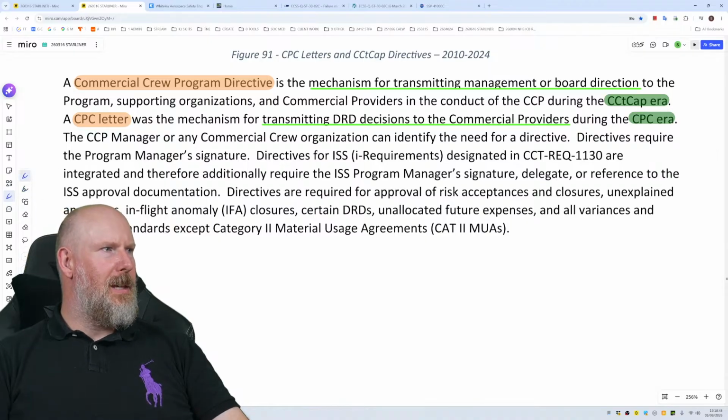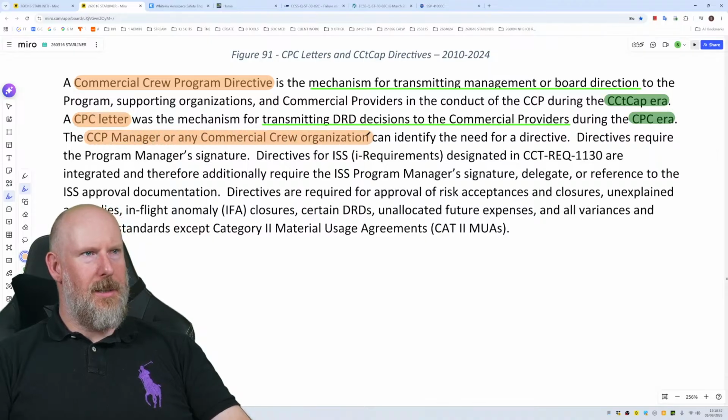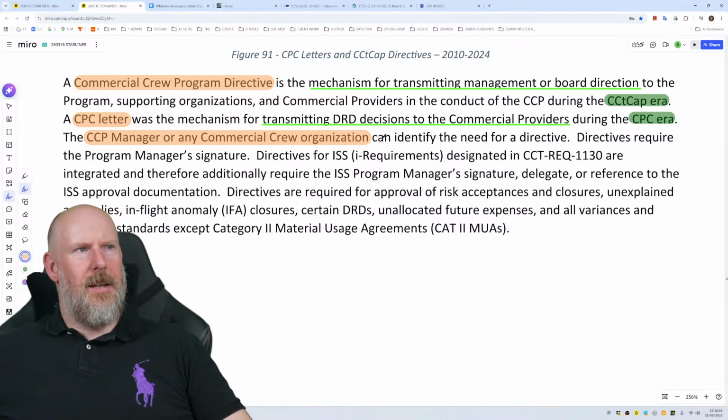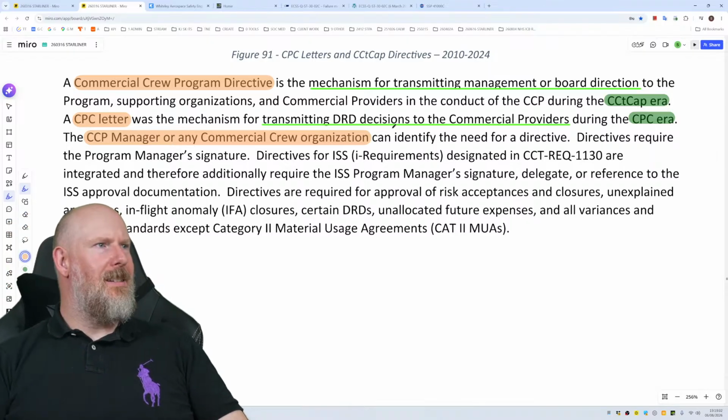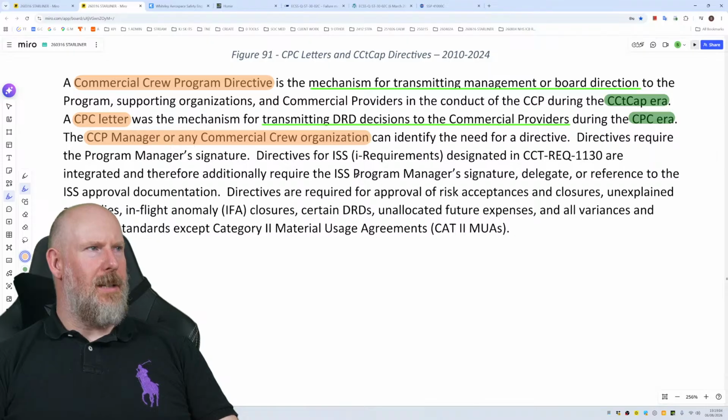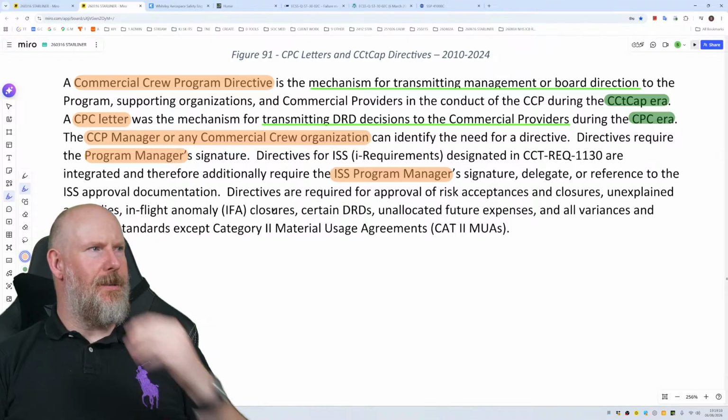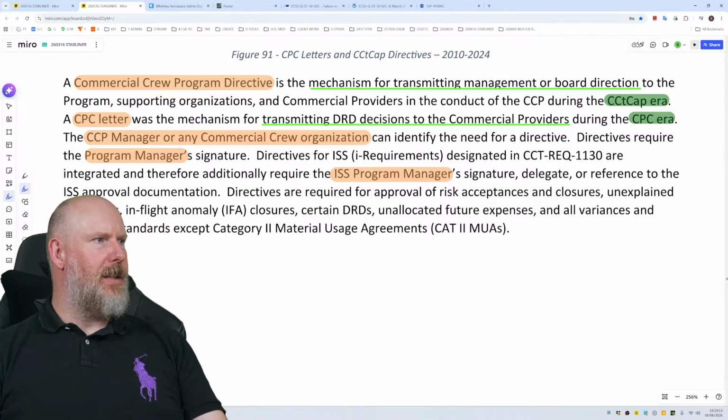The CCP manager, CCP manager or any commercial crew organization can identify the need for a directive. Directives require the program management signature. Directives for ISS designated in that requirement are integrated and therefore additionally require the ISS program manager's signature, delegate, or reference to the ISS approval documentation.